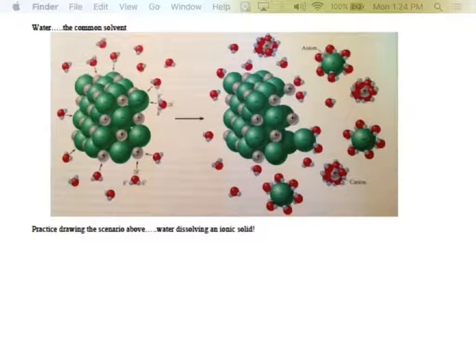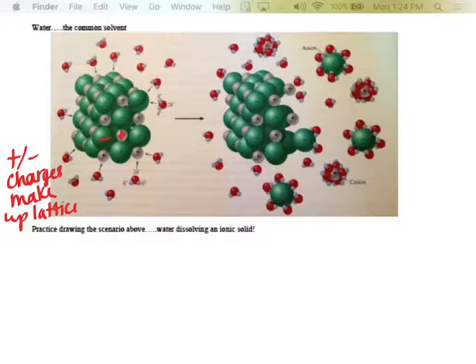So what we see here is the following. We see positive and negative charges making up this lattice, okay? The greens are the negatives and the little ones are the positive, the cations. And I would remember that your anions are the larger ones.